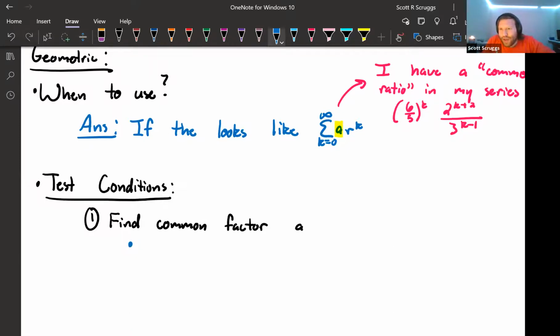The easiest way to identify what the common factor will be is to figure out where your series begins, plug that number into k, and that will give you what the common factor A will be.